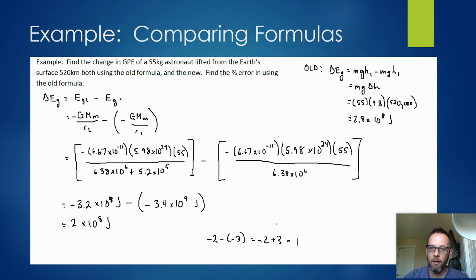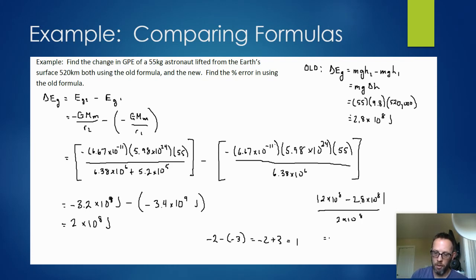So if we compare and see how the old formula does, to find the percent error, we're taking the new correct value, 2 times 10 to the 8, and finding the magnitude of the difference between that and the old value, and then dividing by the new value. We're going to see what percent this old one is off by.